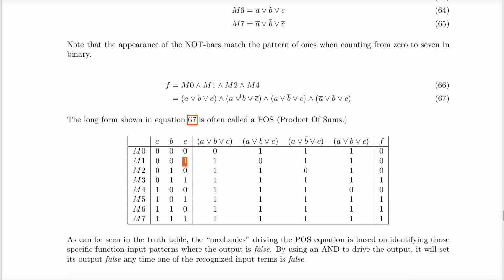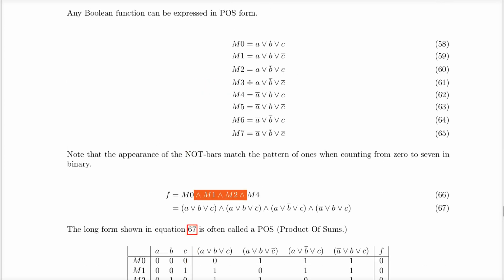Now, let's look and see what's going on at a lower level. So just like before, I can say F equals M0, M1, M2. The capital M means I'm using max terms. And when I use max terms, I AND these guys together. These are ORed internally and then ANDed together externally in this expression here.